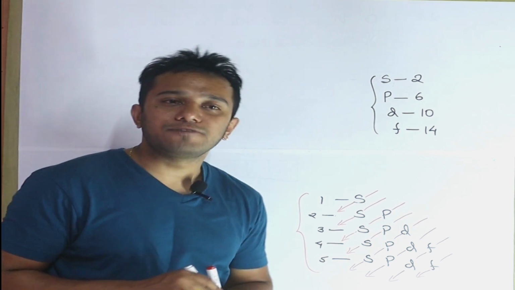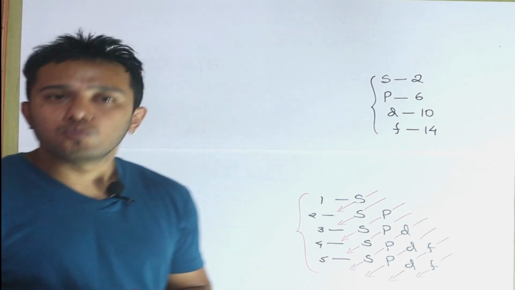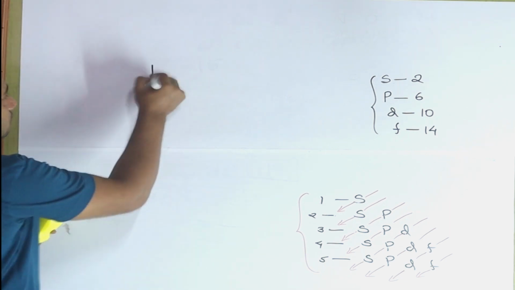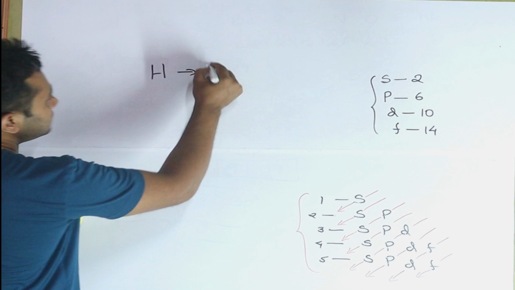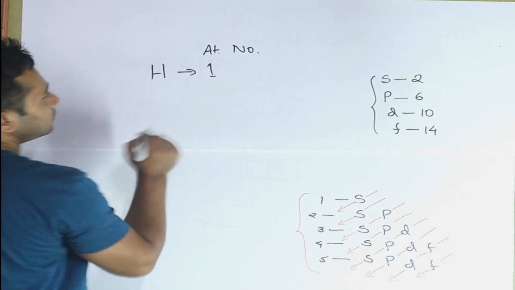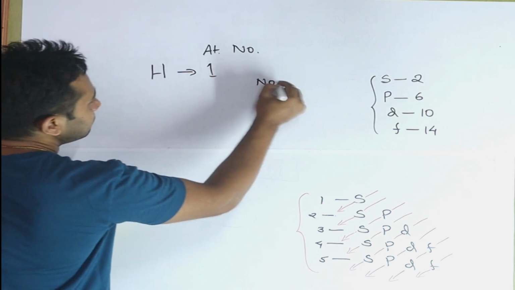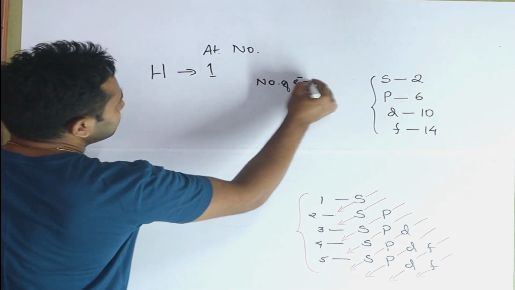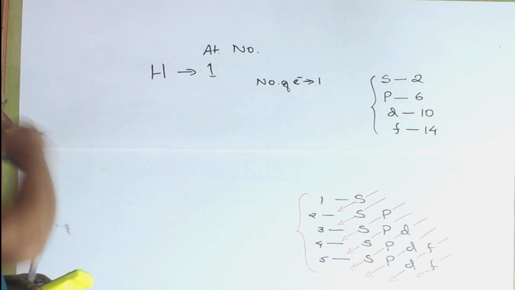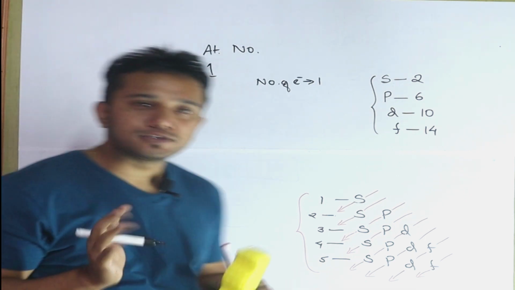First of all, let's start from atomic number 1. At first we have hydrogen. Hydrogen's atomic number is 1, so the number of electrons is 1. What did I say? Which is the first orbital we are supposed to fill?